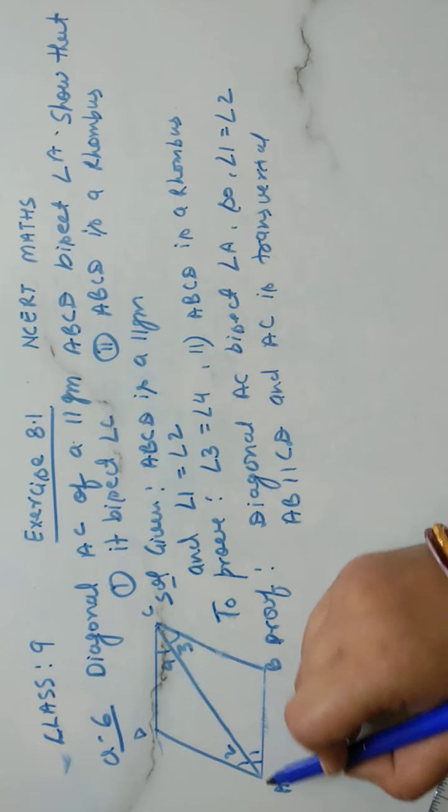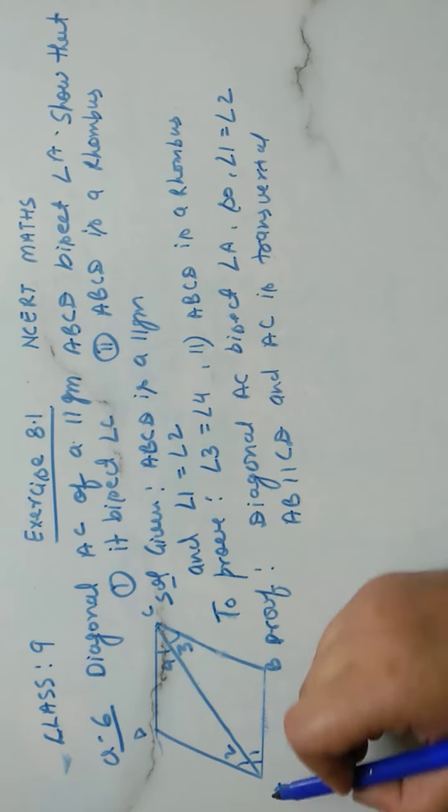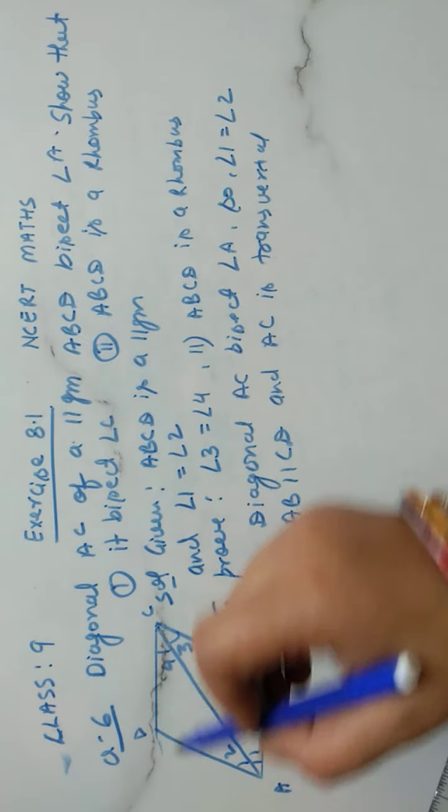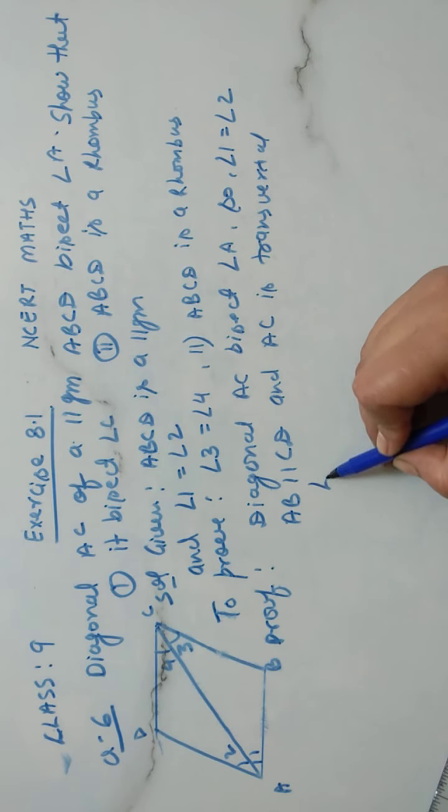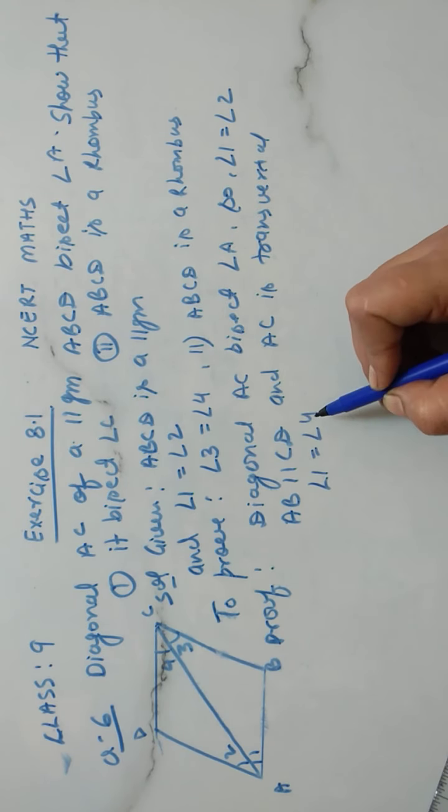See the diagram carefully. AB and DC are parallel and this AC is a transversal. So just see which two angles are equal. Angle 1 is equal to angle 4. And the reason behind it is alternate interior angles.